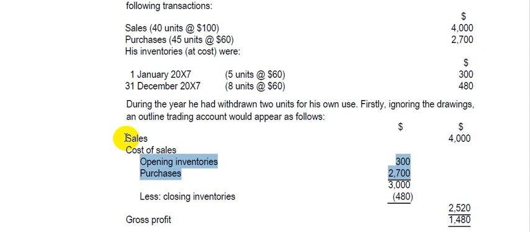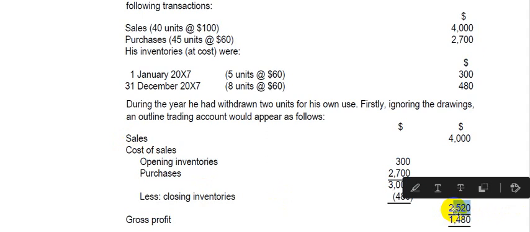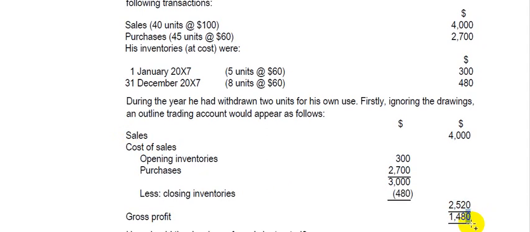Sum those, we get our cost of sales of 2,520. We now subtract the cost of sales of 2,520 from the sales of 4,000 to give us a gross profit of 1,480.